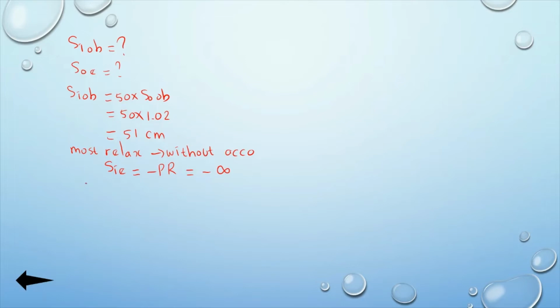Now, let's use the general equation 1 over SOE plus 1 over SIE equals 1 over FE. 1 over SOE minus 1 over infinity equals 1 over 5.